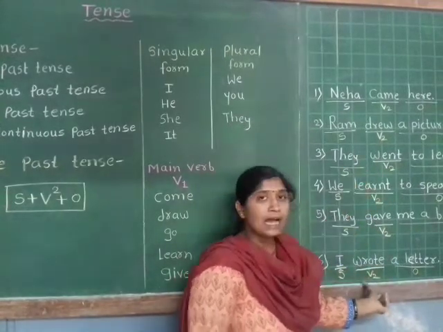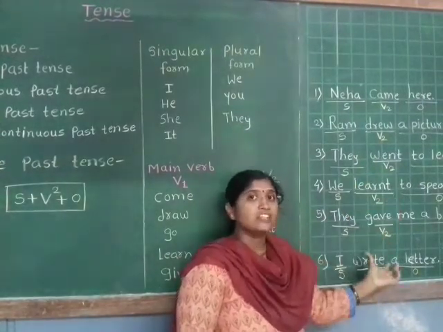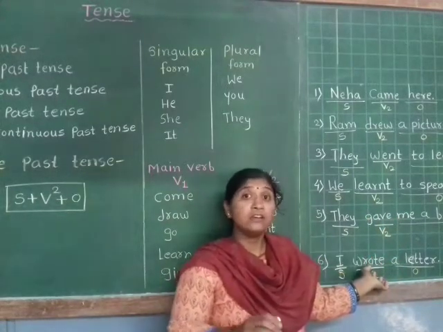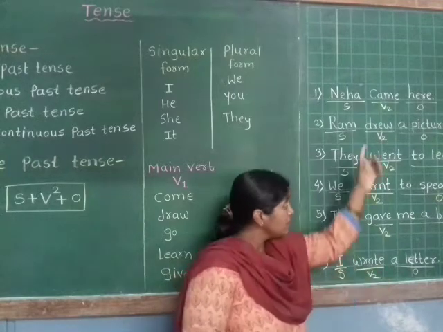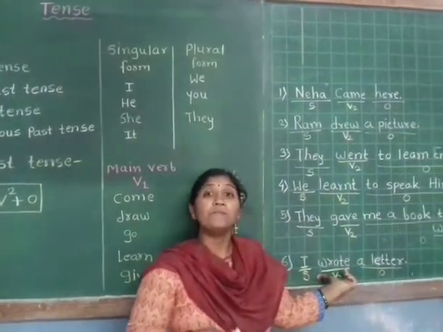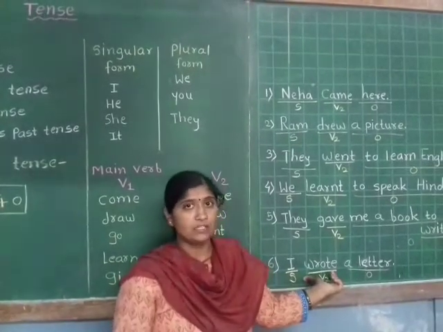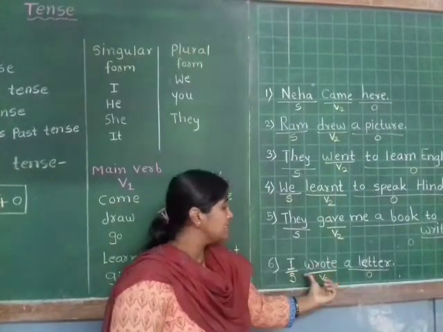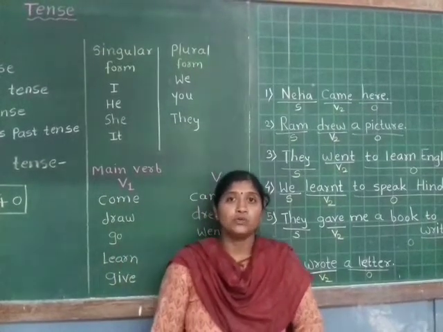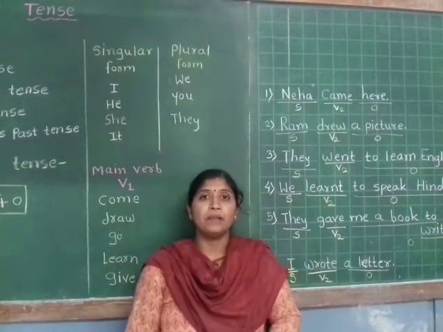All these words indicate actions and processes completed in the past, not continuous. All these actions and processes are completed in the past. So all these words are past tense. In this way, today we have learned simple past tense.